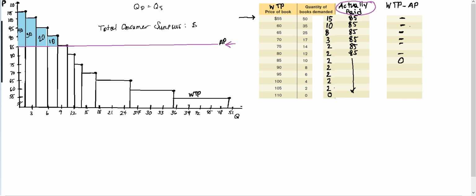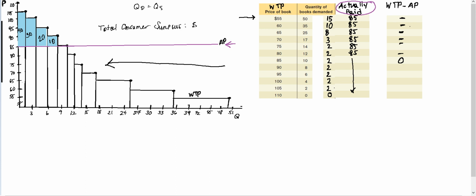If you've actually paid 85, then you have a consumer surplus of $5, but there are 2 people who came to the market who were willing to pay 90 that only paid 85, and so you have 2 people for whom the market generated a consumer surplus of $5, and so the total surplus for them is 10. So I'm just going to put in parentheses here 5 times 2.